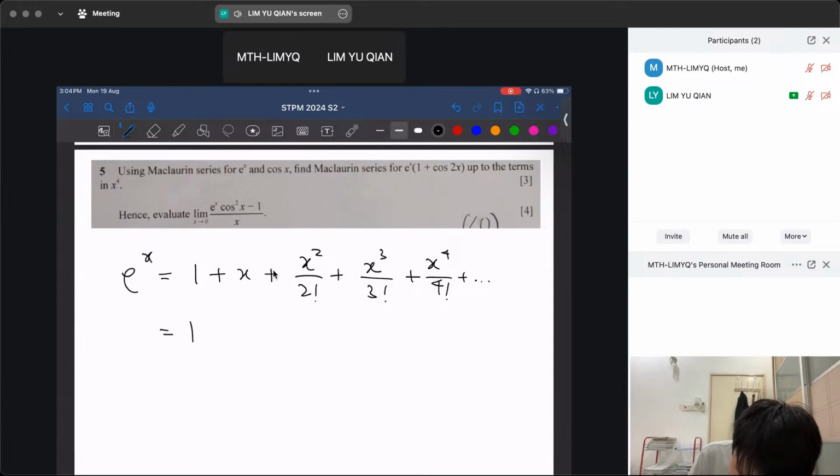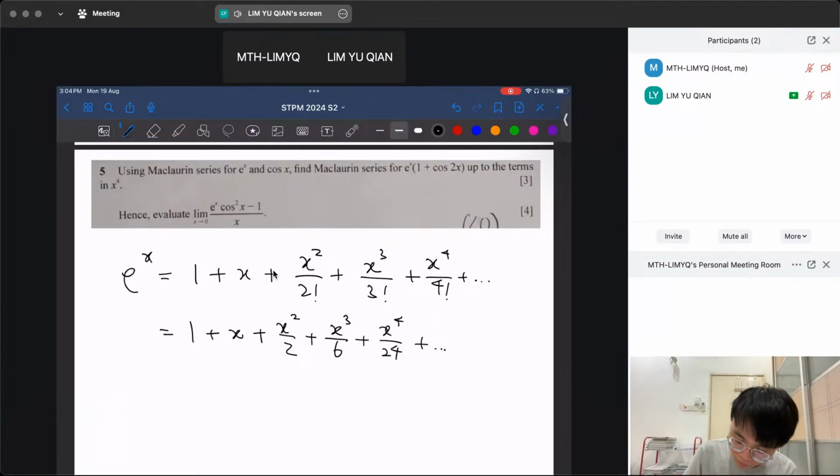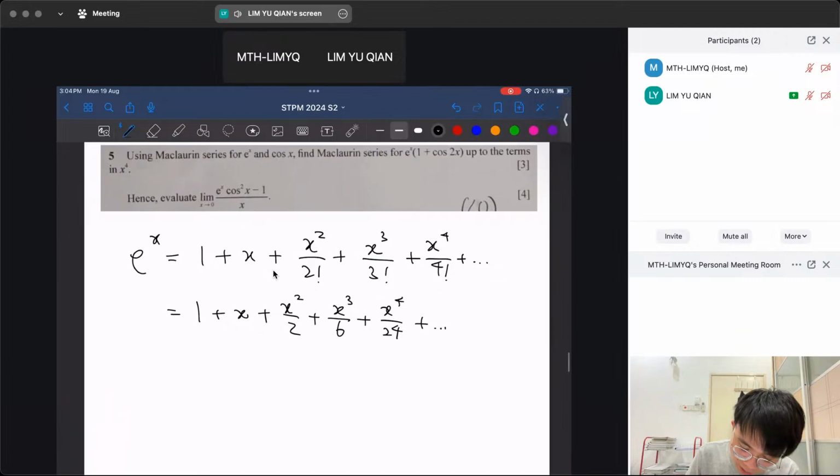So that's equal to 1 plus x plus x squared over 2 plus x cubed over 6 plus x power 4 over 24 plus dot dot dot. Okay, finish the first part.